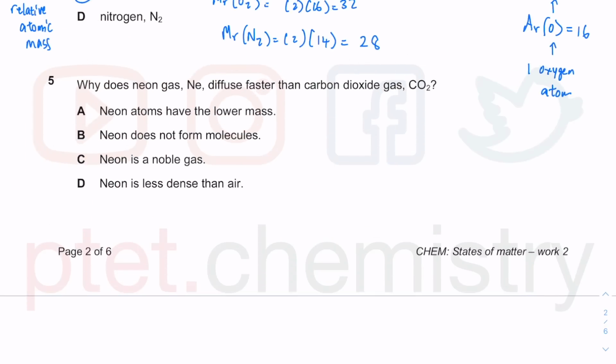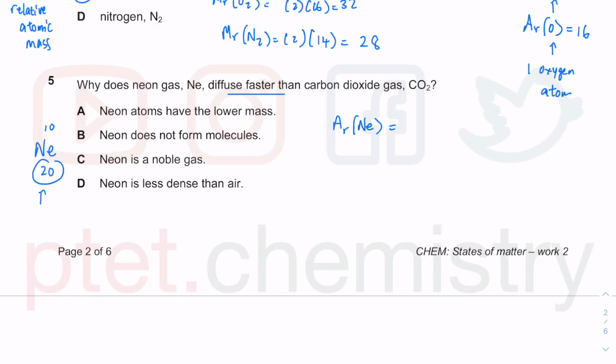Number 5: why does neon gas diffuse faster than carbon dioxide? Neon is the 10th element in the periodic table. Let me just have a look in my periodic table. 10 and 20. 10 is on top, by the way, because that is the atomic number, and then the relative atomic mass is given down there.